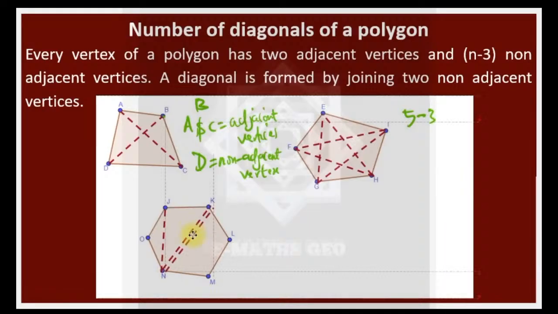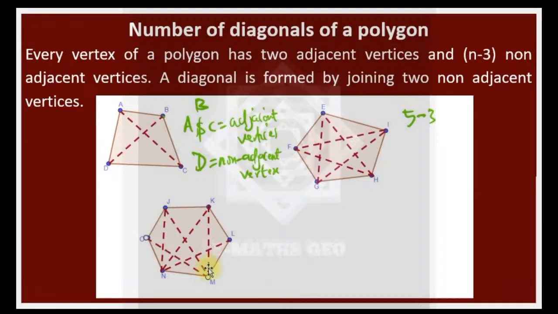So we are done with vertex N. So let's check for M. One, and finally, three. From what we said, n minus 3 non-adjacent.